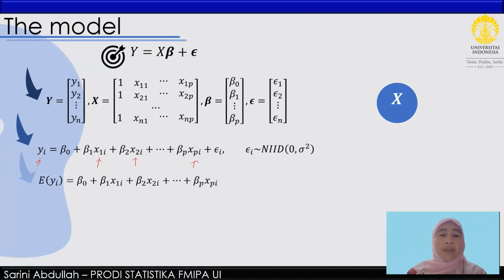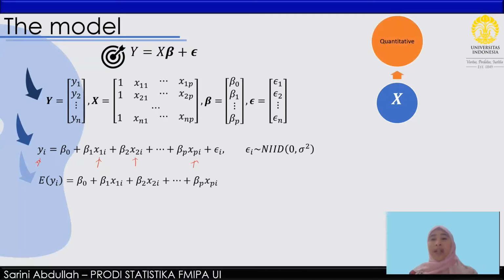In order to be able to do that, we should be able to give a correct treatment. What I mean by treatment is to determine what kind of transformation, what kind of functional forms to be included in the model.